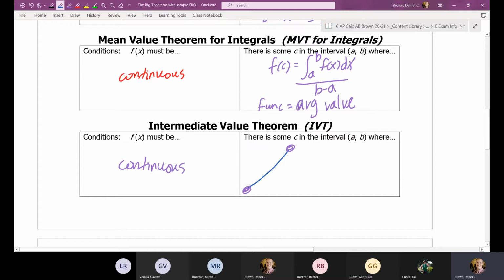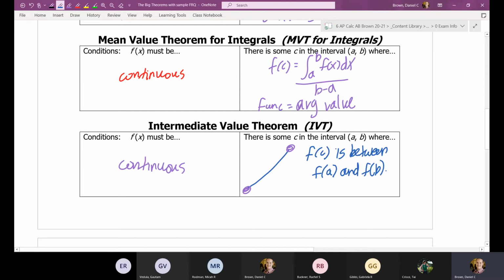So we often think of this as there's some c in the interval a to b where f of c is between f of a and f of b. And there's different ways to write that. I'm going to stick to just the verbal way, and then we'll go ahead and look at an example.